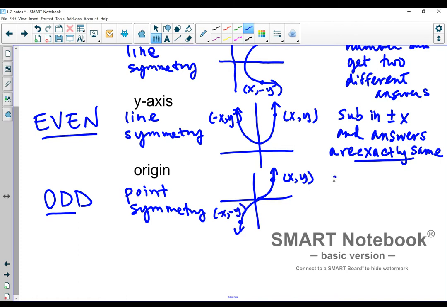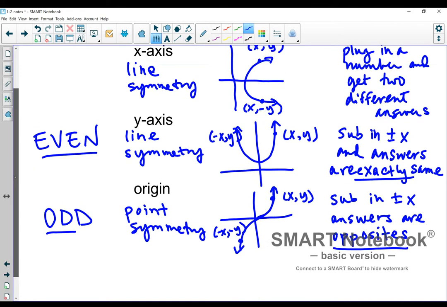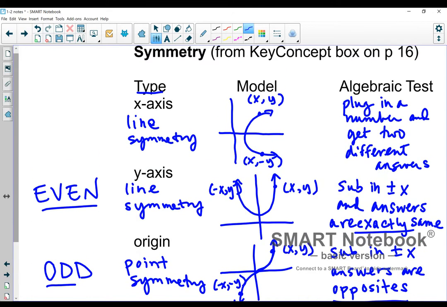So here, if I sub in a plus or minus x, my answers are opposites. So odd is opposites, or origin is opposites. They all go together. So even or y-axis is exactly the same. Odd or opposites are the same as origin. Those are all together. And then remember that x-axis symmetry, because it's not a function, we don't have this other special name for it, and we're not as interested in it.